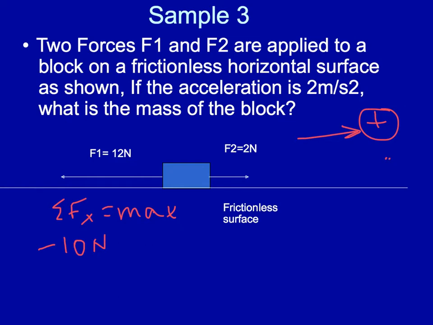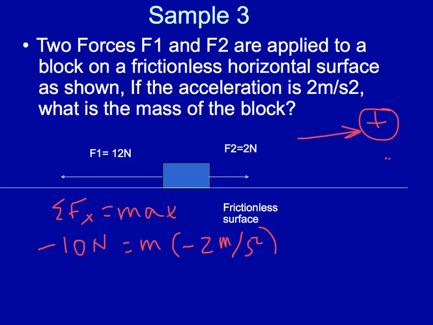That is equal to m, which I don't know, times a. Now, we have to assume that it's moving in the left direction, because if you look at those two forces, it's going to accelerate to the left. So therefore, the acceleration is also negative: negative 2 meters per second squared.